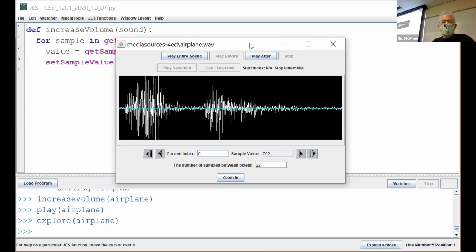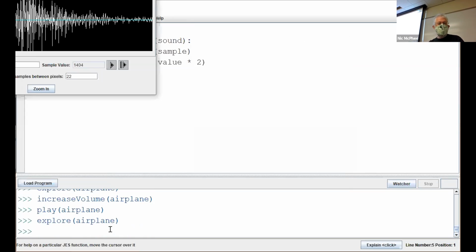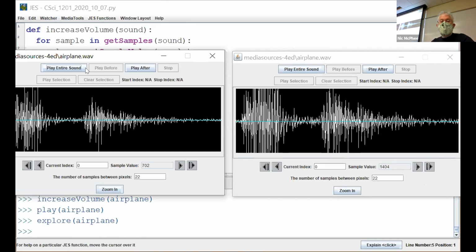And can I leave that open and increase volume again? Try playing it. And let's try exploring it. Yeah, we can. Cool. Oh no, we can only see one at a time. Well, I can see two at a time.